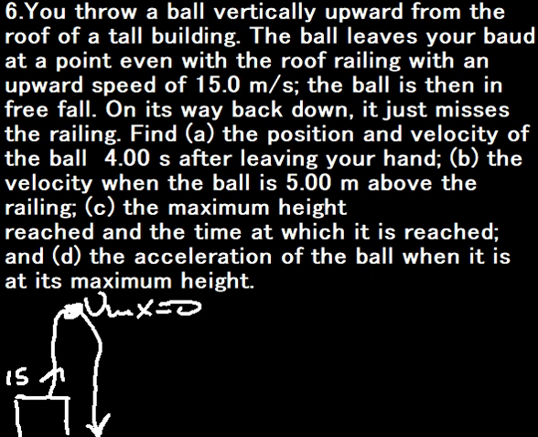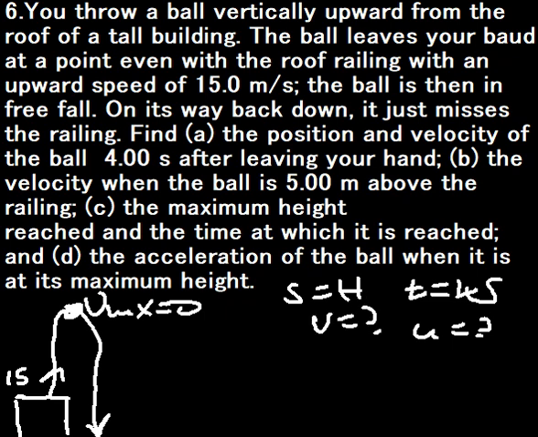So we are looking for the position, which is the displacement, or the height, with the time given as 4 seconds and the initial velocity given as u. So we should look for the displacement or the height, and also the final velocity as well. So we use the displacement formula.